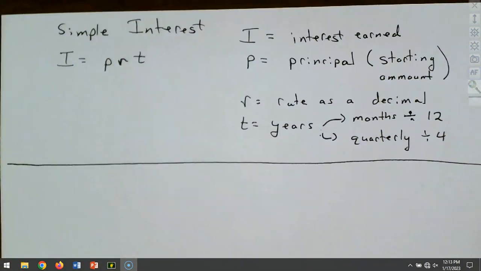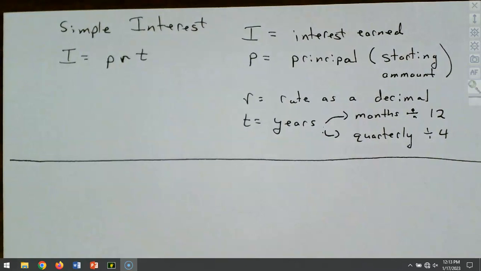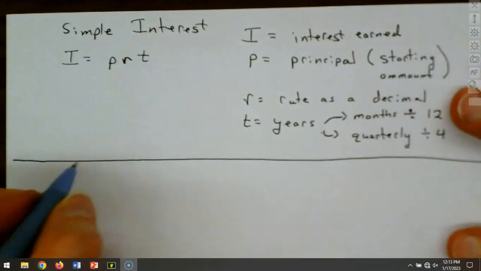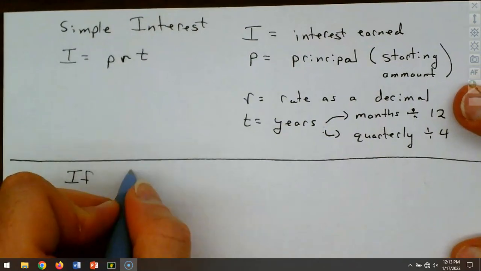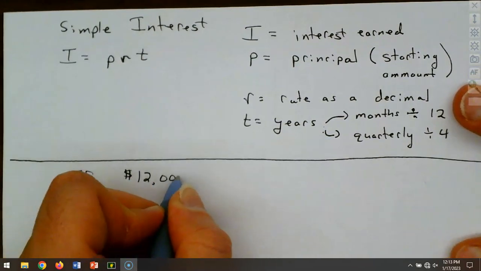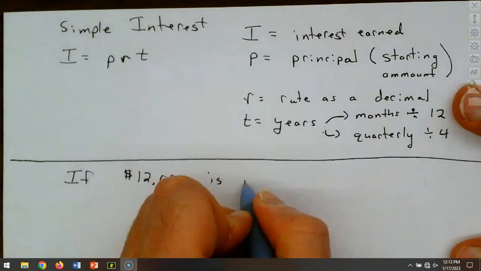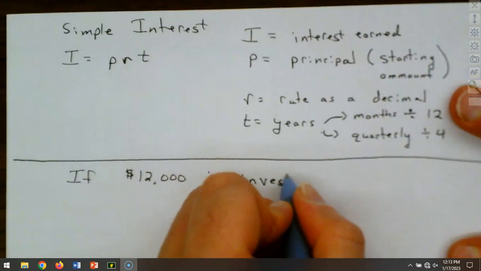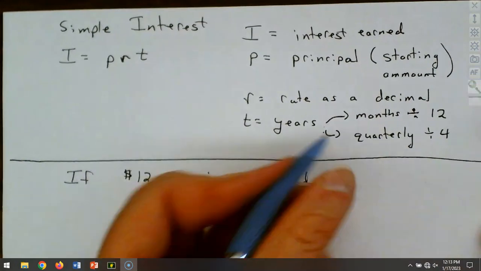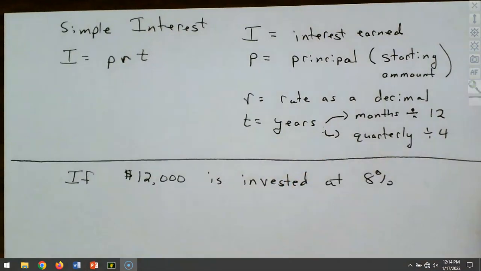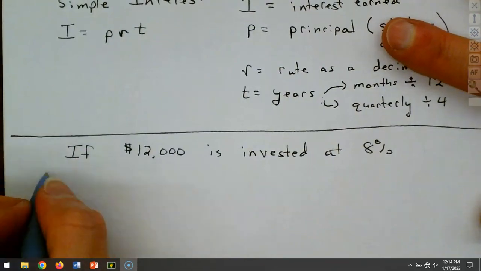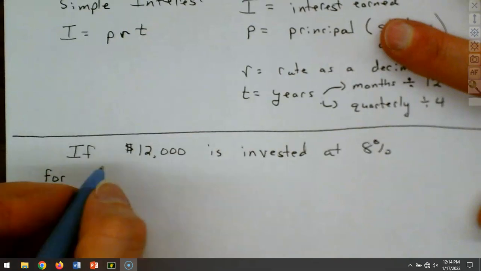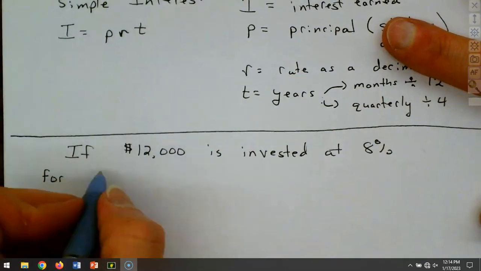So now I'm going to give you one for us to work through. And there's 2 homework questions about these, 14 and 15. If $12,000 is invested at 8% for, let's say, we'll do an easy one here. How about 24 months?